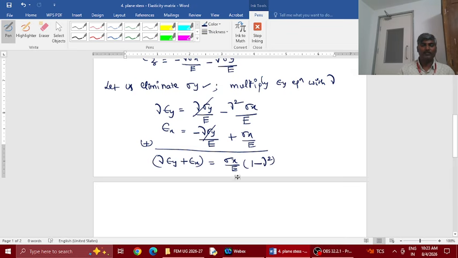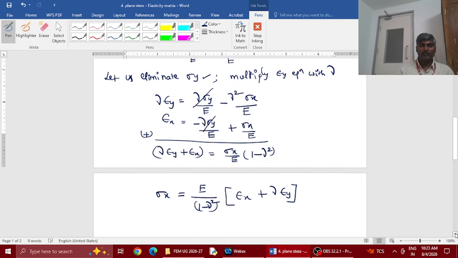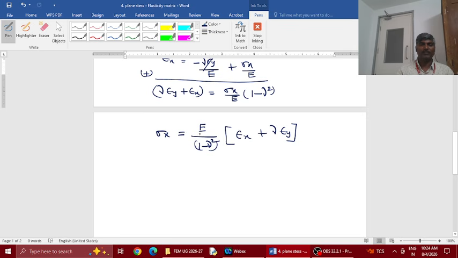Now just send the terms to the other side. We have sigma x is equal to E by 1 minus nu square into epsilon x plus nu epsilon y. So this is the sigma x equation in terms of strains and material property.